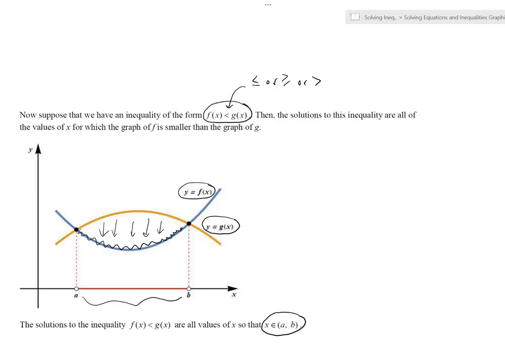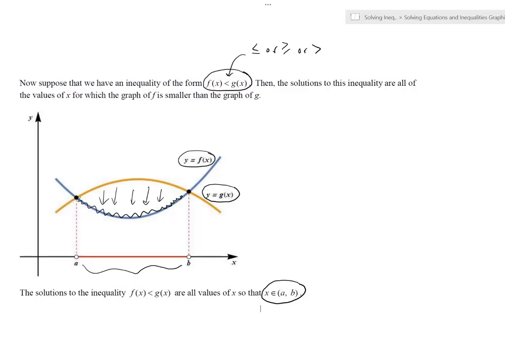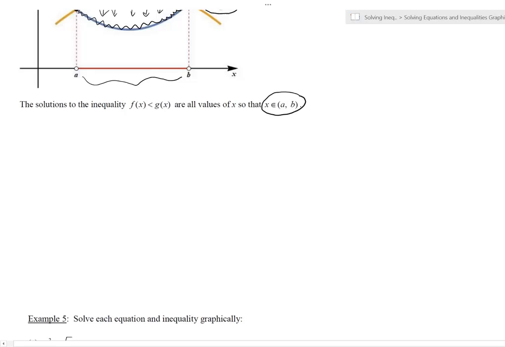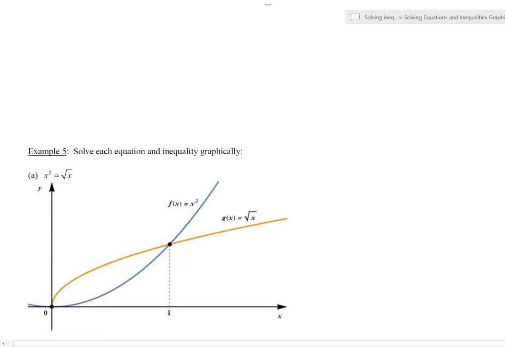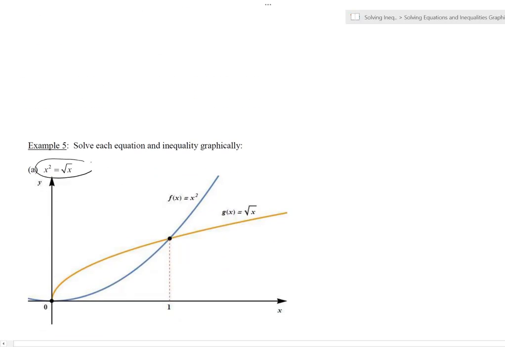Okay, so we're going to look at some examples of this first and then try one on our own with some technology. And here's an example. Suppose we want to solve the equation x squared equals square root of x, but doing it graphically, so no algebra involved.